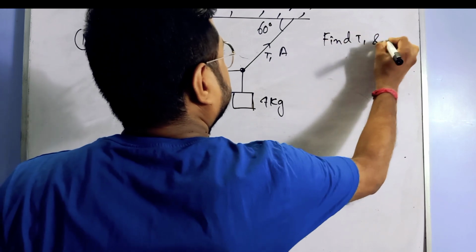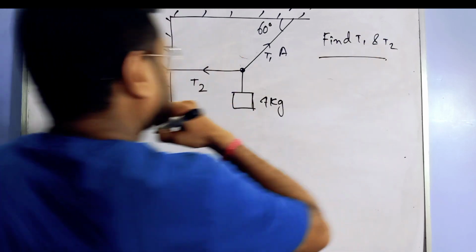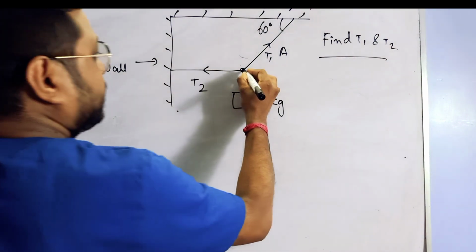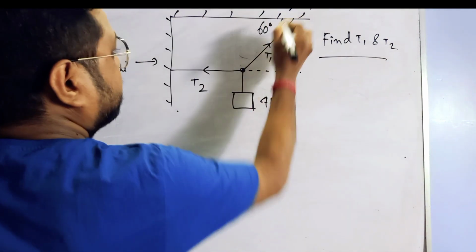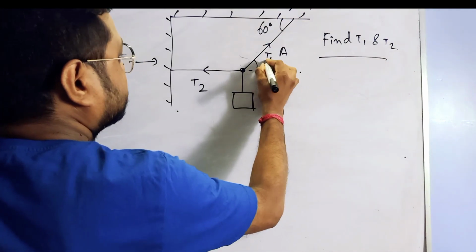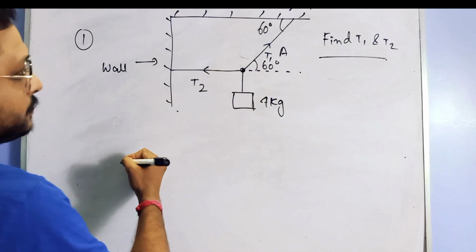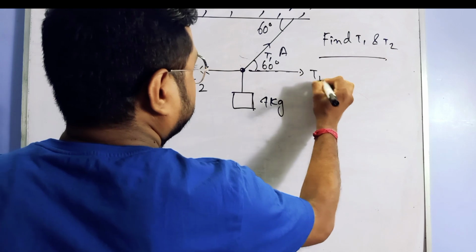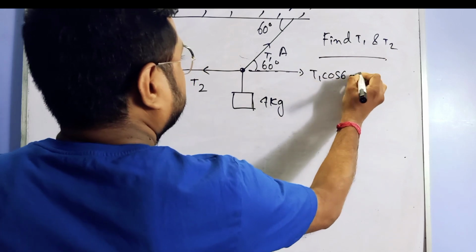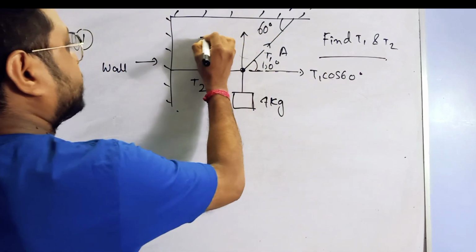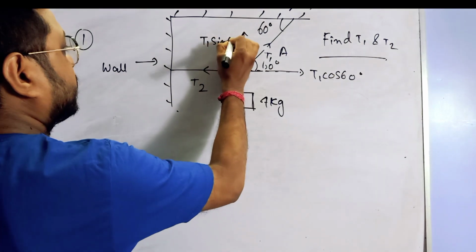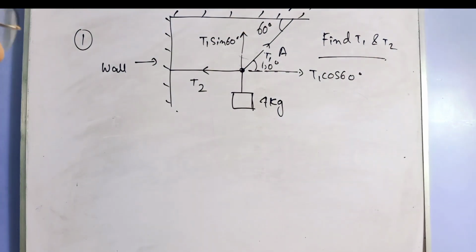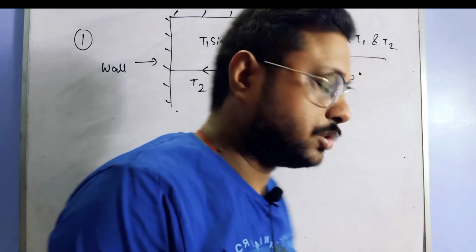So from this picture, if we draw a parallel to this line, we get the alternate angle 60 degrees here. So T1 has two components: along this, T1 cos 60, and in the perpendicular direction, T1 sin 60. For equilibrium we know that the total force must be 0.